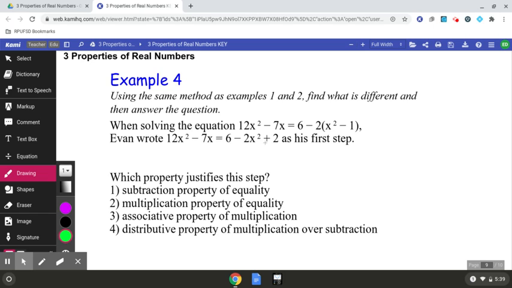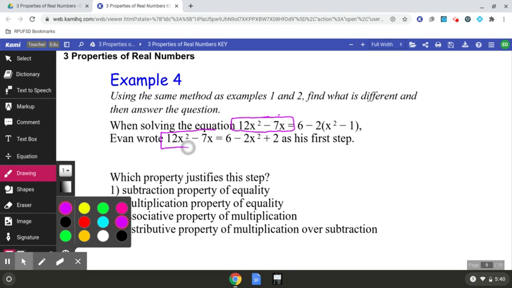So if I just kind of focus on the left side, I have 12x squared minus 7x. And if I look below, I still have 12x squared minus 7x. So that didn't change. Now if I go in on the other side, I have 6 minus 2(x squared minus 1). And then what happens is my parentheses are no longer there. I have now 2x squared plus 2.